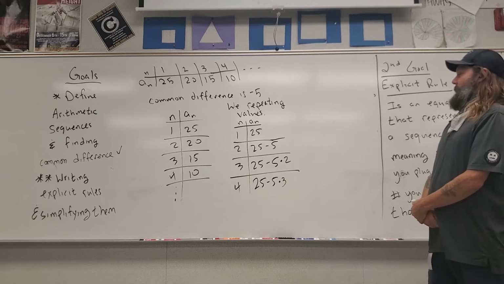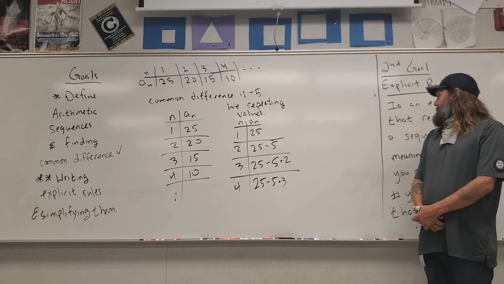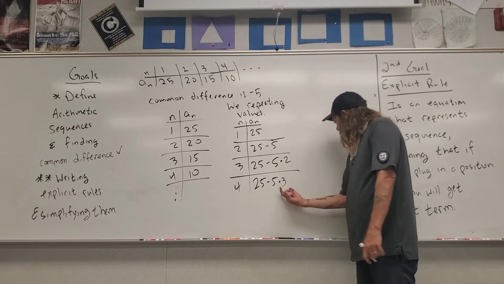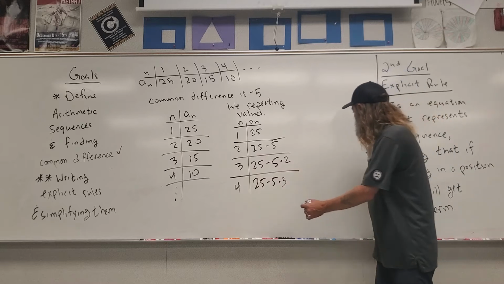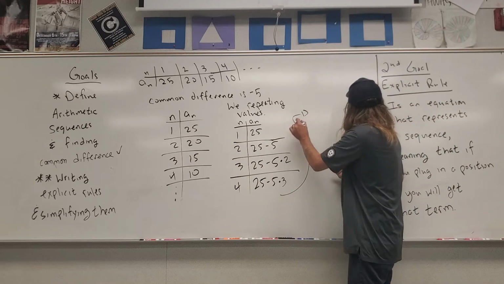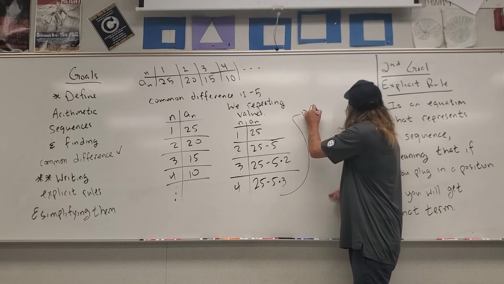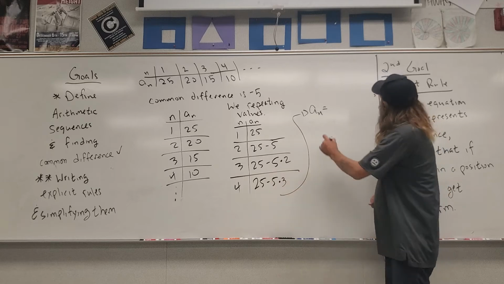Now, based on the previous lesson, when writing an explicit rule for a sequence, we would replace whatever number I'm multiplying by with n. So we're going to take a shot at this explicit rule: a sub n is equal to 25 minus 5 times n.